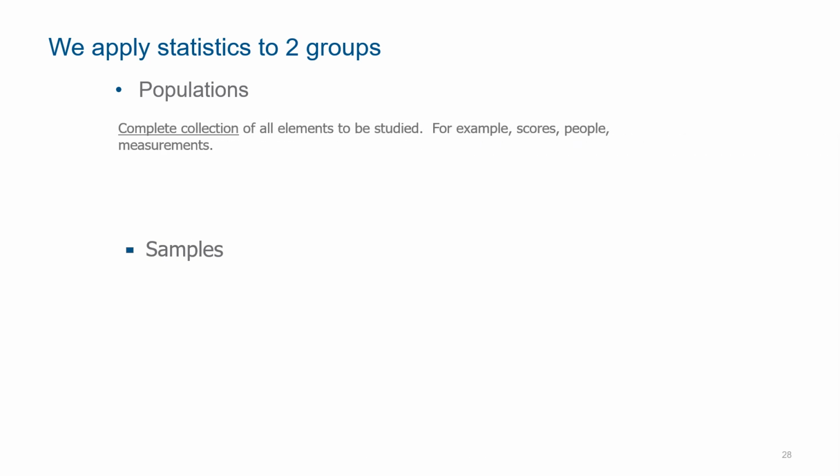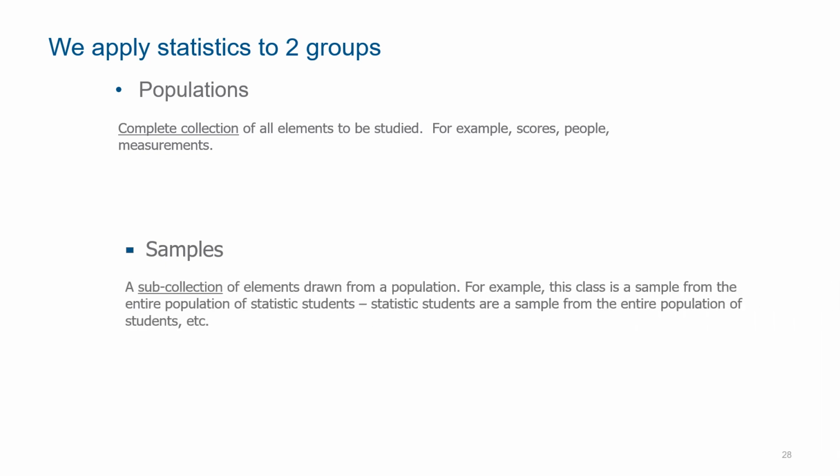The population: a parameter is a measurement describing some characteristic of a population. And a sample: a statistic applied to a sample to make generalizations about the population based upon the sample.